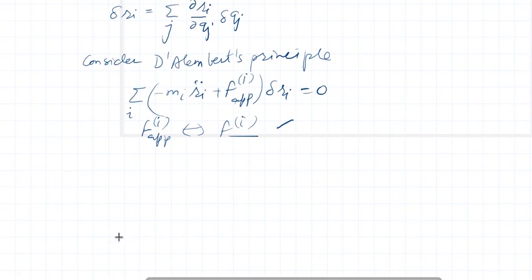So now consider, it contains two parts. One is summation over i of mi ri double dot delta ri, which must be equal to summation over i of Fi delta ri.